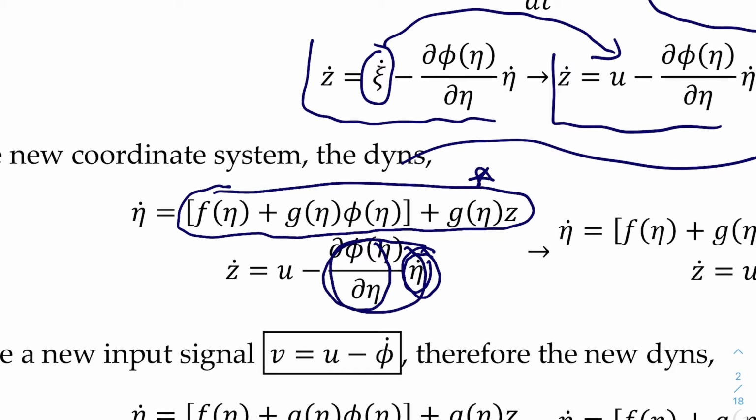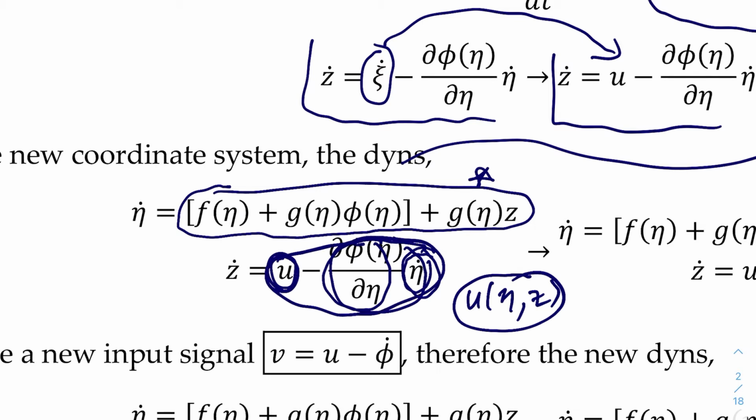So this term is a function of eta and z, and again we will write this as a function of... you might as well write eta u of eta and z, as a function of eta and z. Okay, so this is a function of eta and z, and this term finally is a function of eta and z.